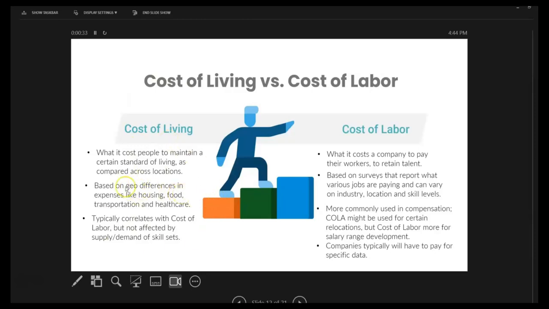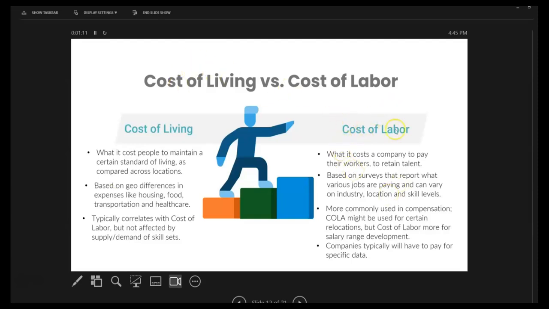They're looking at the difference year over year in expenses like housing, food, healthcare, what it costs people to maintain the same standard of living year over year, and is there a difference next year to maintain the same standard of living that person maintained in the previous year. So that's what that percentage is looking at within one country year over year. What is the percentage change?